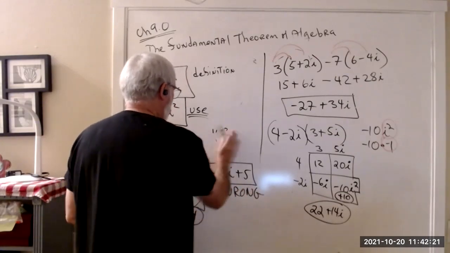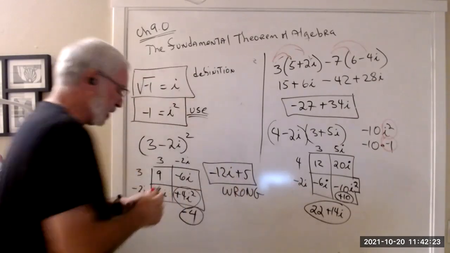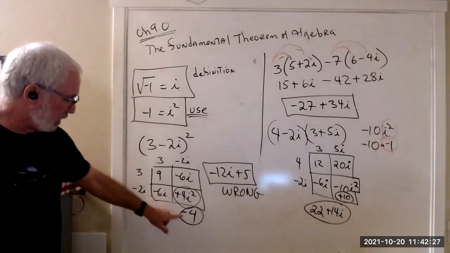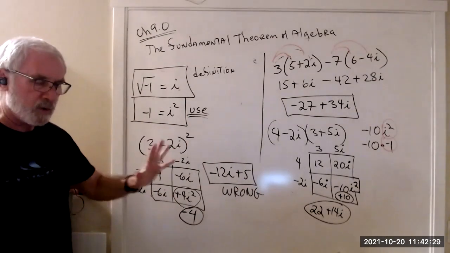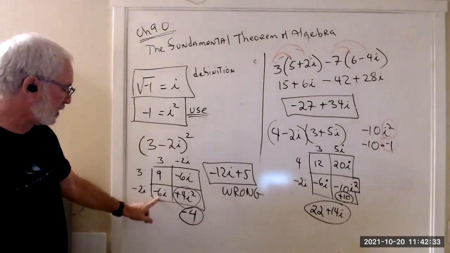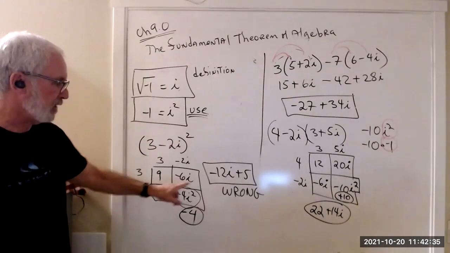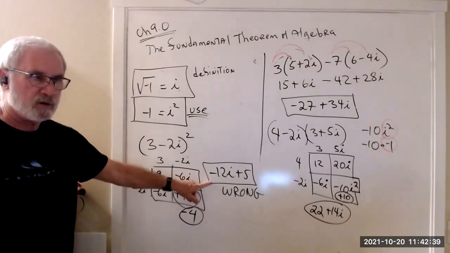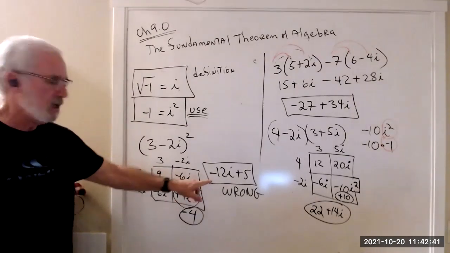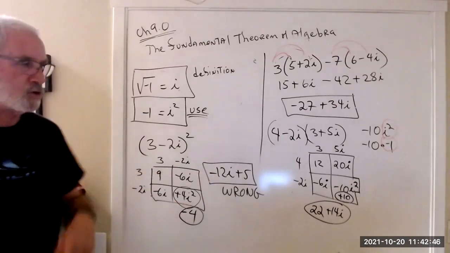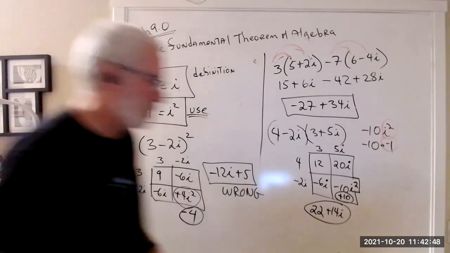My numbers are correct, but I'm trying to make a point. 9 take away 4 is 5, so my real number is 5. -6i, -6i is -12i, so my imaginary part is -12i. I've made no mistakes, but my answer is still wrong. I'll show you why.